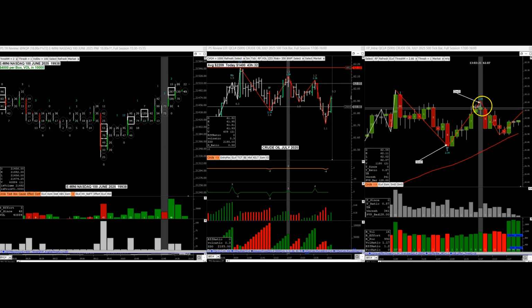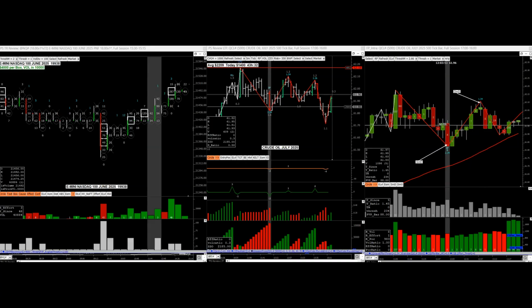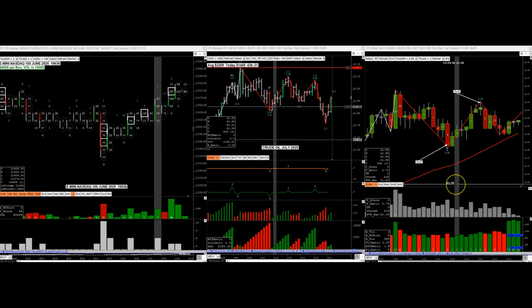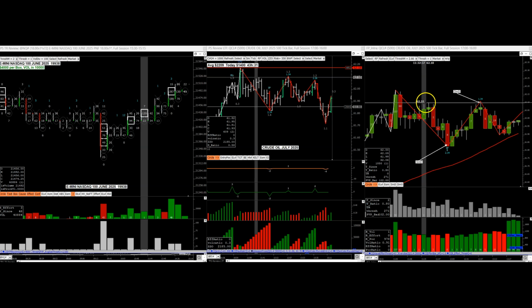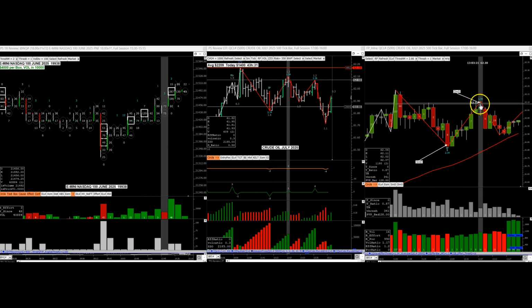So what happens afterwards? That's what we're looking for. The first indication is the range. There's something wrong. Here we had good range, so this had a chance to fall through to the downside and break, but instead they took it up and swept.